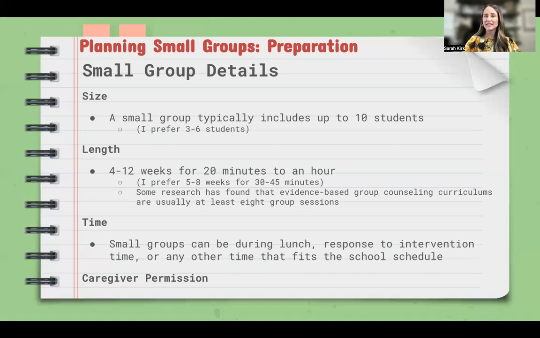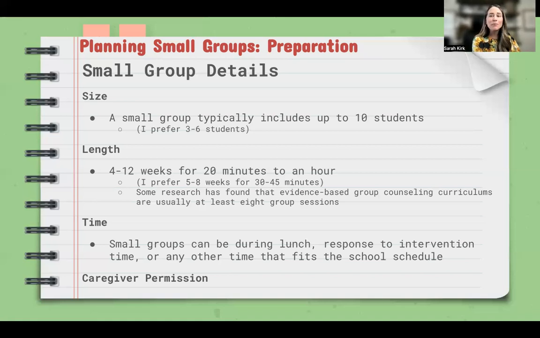I always liked it if it was an option to do an opt-out form, meaning I sent a form home talking about the group topic, giving the caregiver some information. But if it didn't get returned, that meant they could participate. It was an opt-out, so it was them signing, saying, no, I don't want my student to participate. And that helped because that way they could still participate if it wasn't returned.